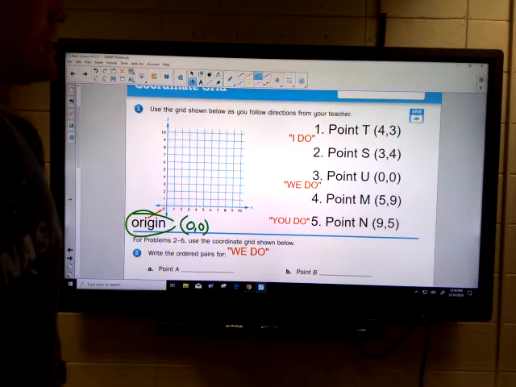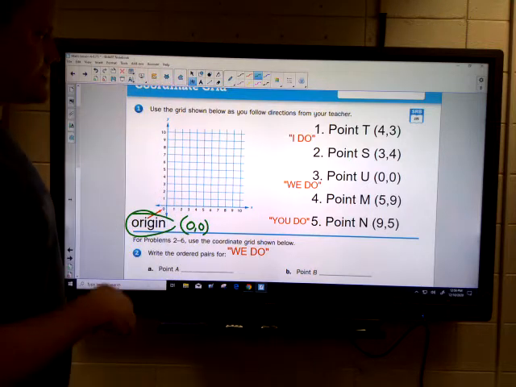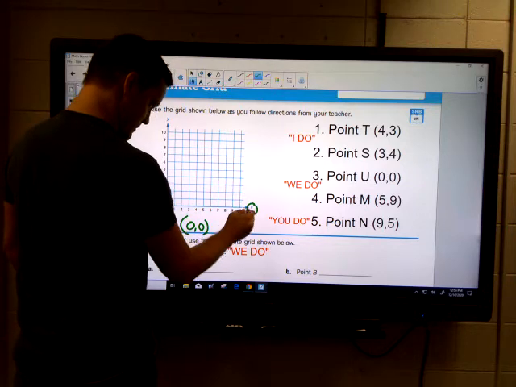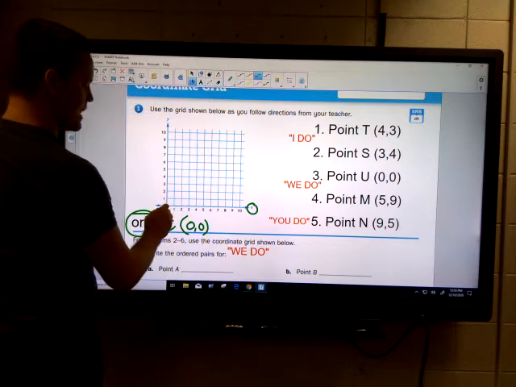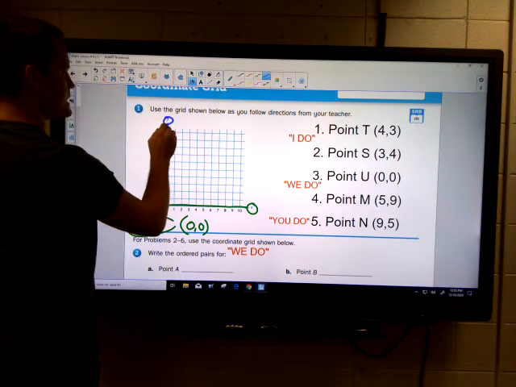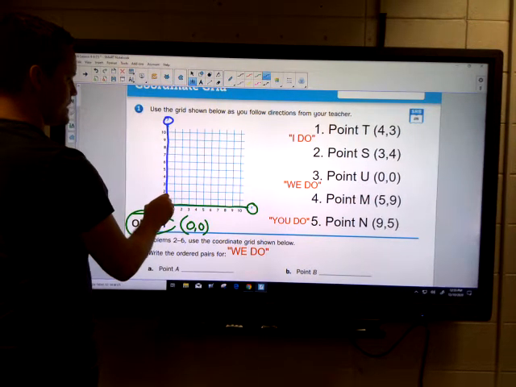Point T. There's some things that you also need to know about coordinate planes. We have an x-axis that runs left to right, and then we also have a y-axis which runs up and down.